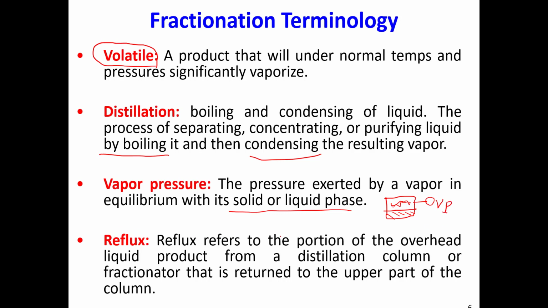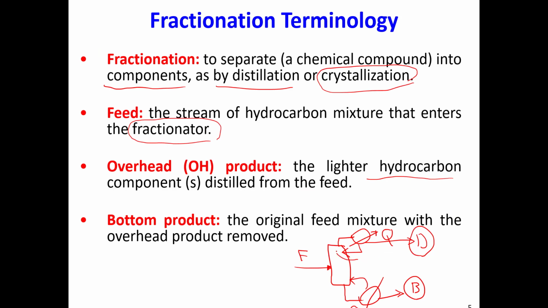Reflux is this stream here. It is the liquid stream that is coming from the condenser. We condense the vapor here, we take our product as a vapor, and we get the liquid as a reflux back to the distillation column.